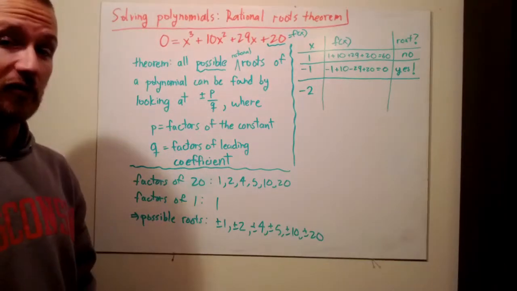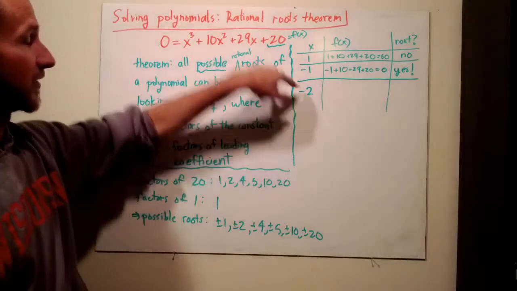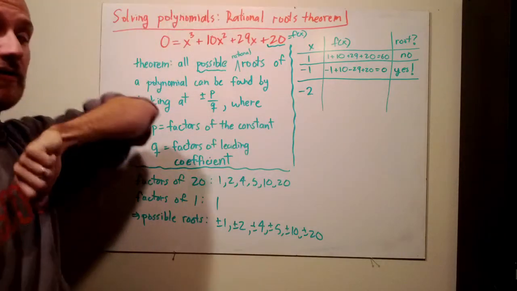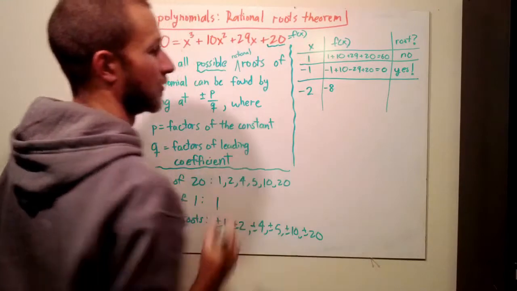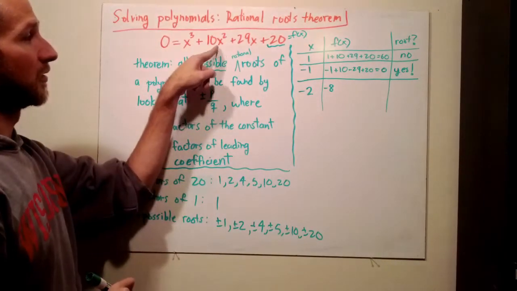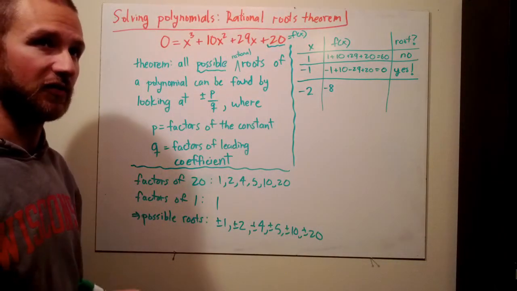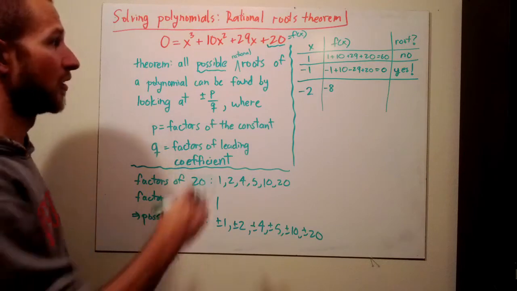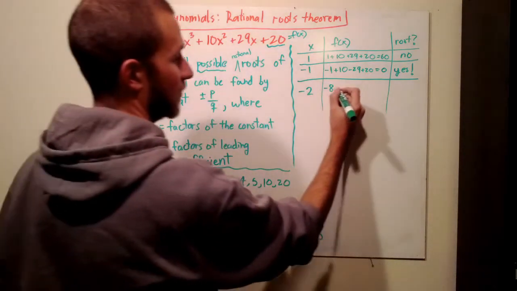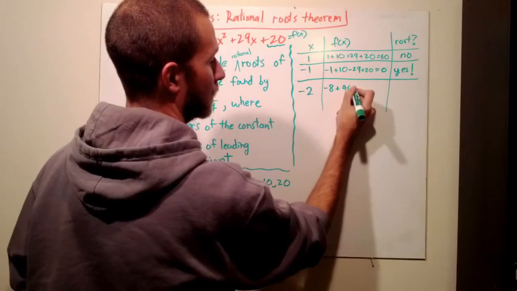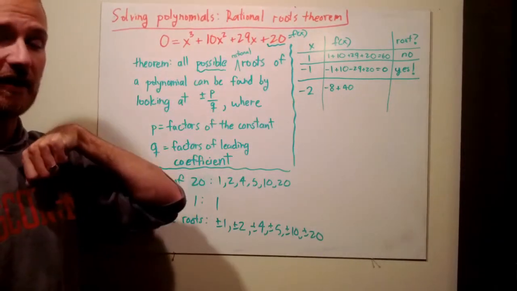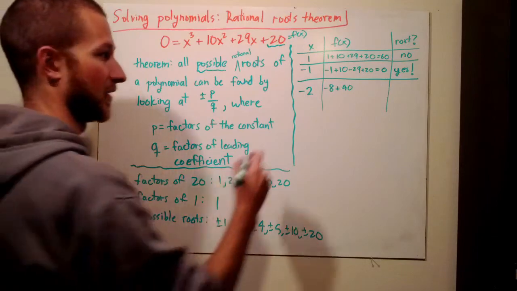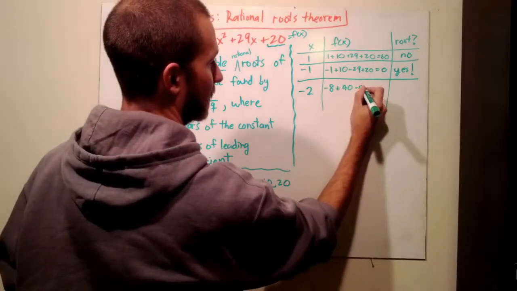I'll try one more, just for example. I'll see if negative 2 is a root. So I plug negative 2 in everywhere. Negative 2 cubed is going to be negative 8. Negative 2 times negative 2 is positive 4. 4 times 10 is 40. Negative 2 times 29 would give me negative 58.